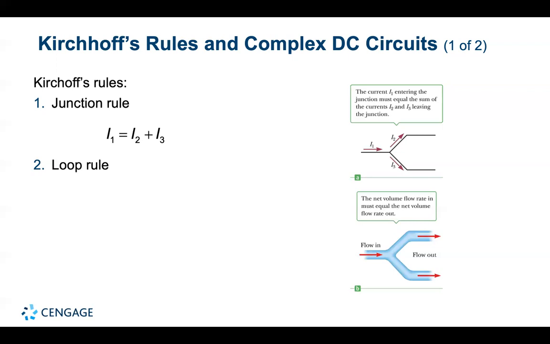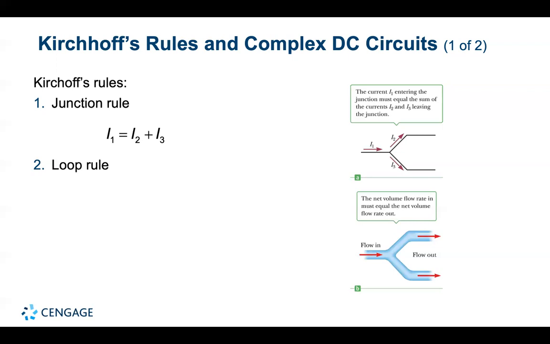The loop rule is equivalent to the principle of conservation of energy. Any charge that moves around any closed loop in a circuit must gain as much energy as it loses. It gains energy as it's pumped through a source of EMF. Its energy may decrease in the form of a potential drop, the IR loss across a resistor, or as a result of flowing backward through a source of EMF from the positive to the negative terminal inside the battery.